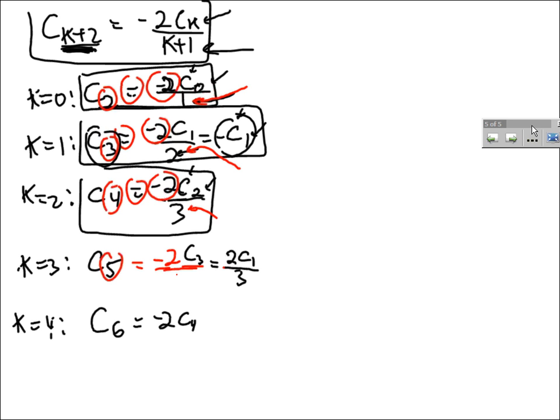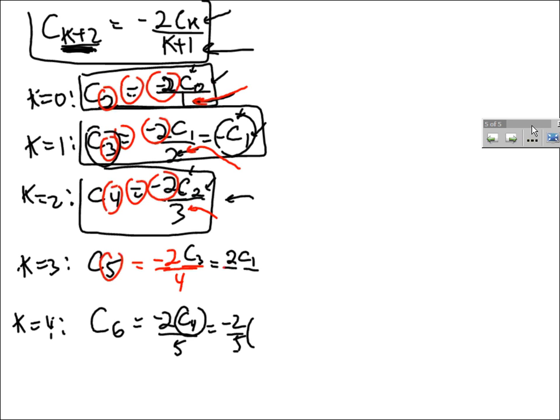Now, since we always have a +2 in the top, I'm not going to really do the division there. Okay, so this is going to be over 5. But C sub 4, we know what C sub 4 is.